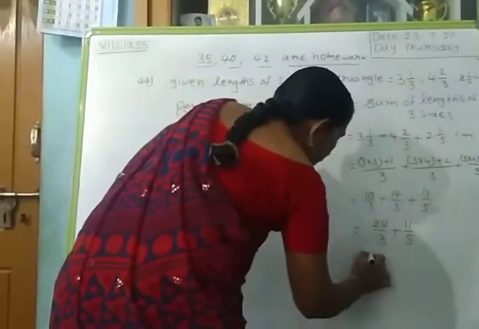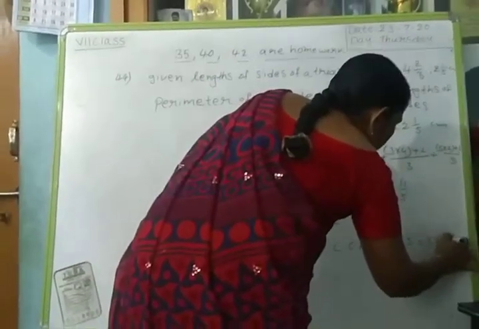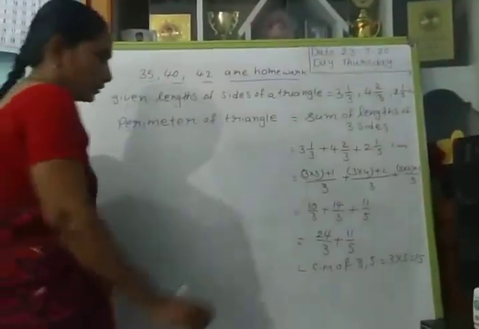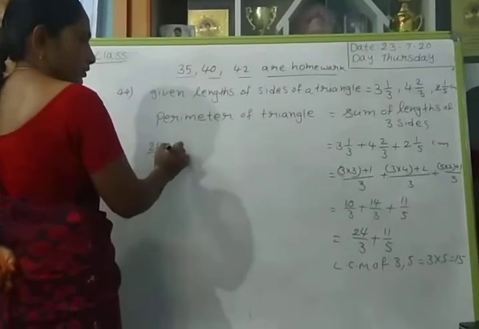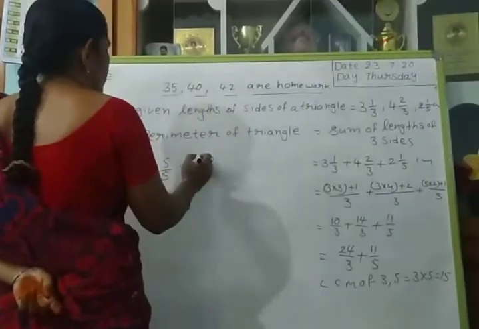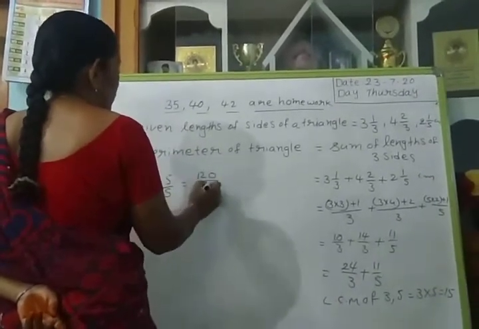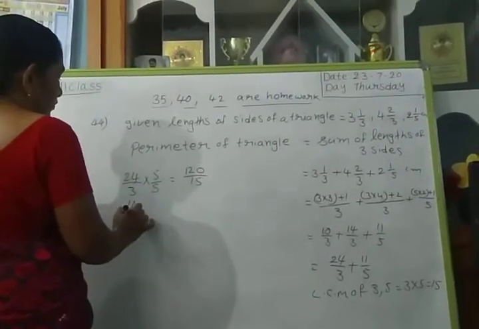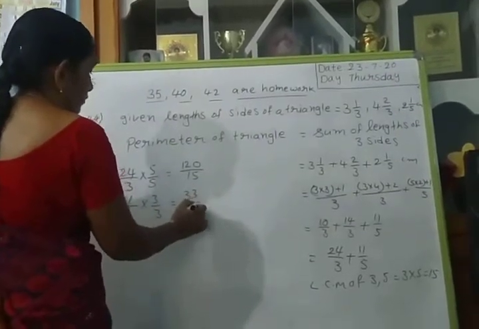Again these are unlike fractions, so we have to find the LCM of denominators 3 and 5, which is 15. For the first fraction, 5 times 24 is 120, so 120/15. 11 by 5 into 3: 11 3s are 33 by 15.